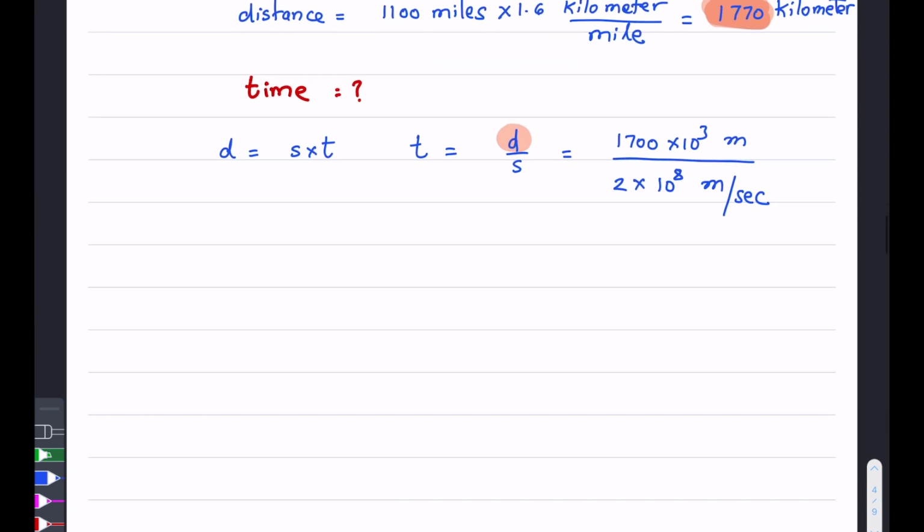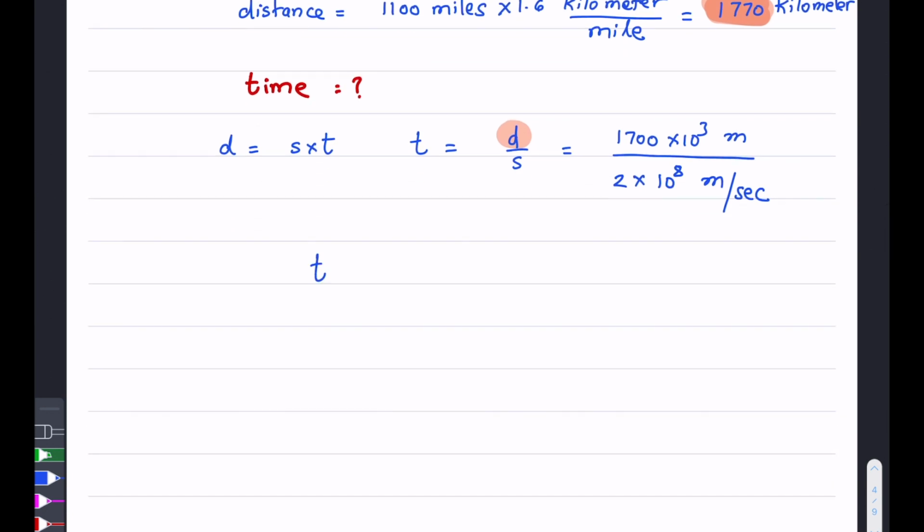Now you can do the math, and the time will come out to be 8.85 into 10 to the negative 3 seconds, or 8.85 milliseconds.